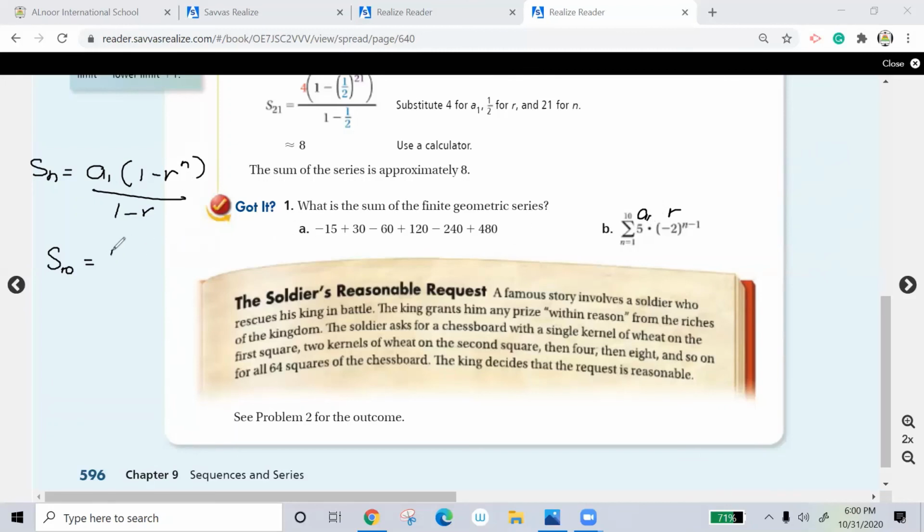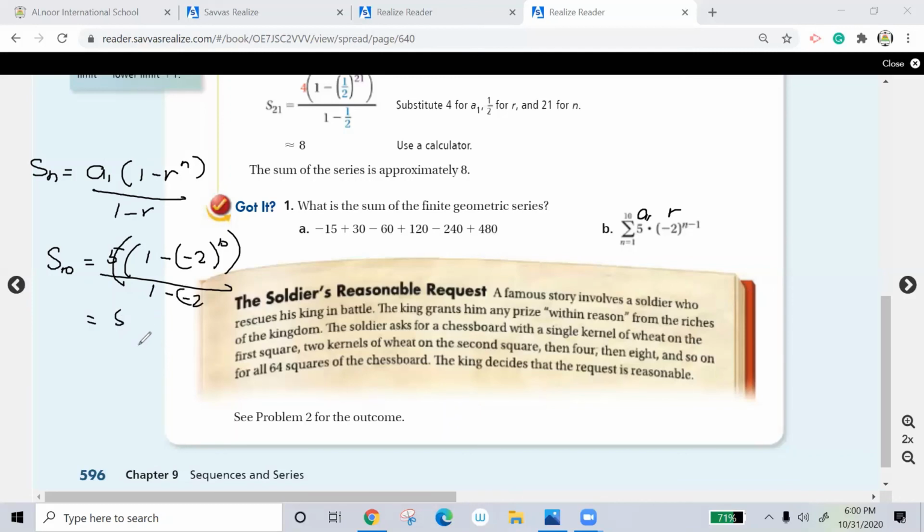Okay, 5 times 1 minus our common ratio, which is negative 2, raised to 10, all over 1 minus negative 2. So we have 5 times 1 minus negative 2 raised to 10 all over 1 minus negative 2.